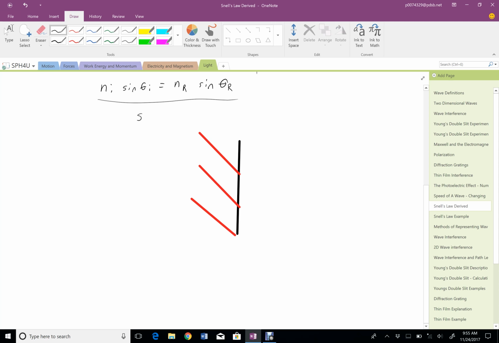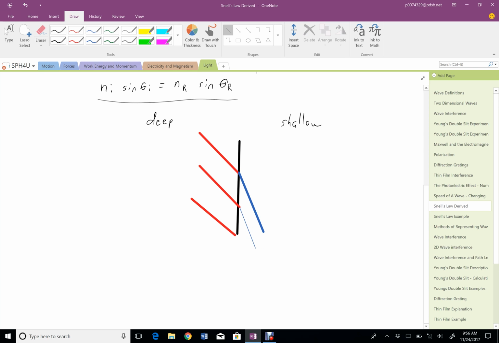Just for the sake of argument, let's make this side deep, and I'll make this side shallow, which means that when these waves move from one region to the other, they're going to end up with a shorter wavelength, or they're going to end up closer together. Also note that if a crest is at this location right here, then when I start to generate a wave in this medium, I also have to have a crest at that same location.